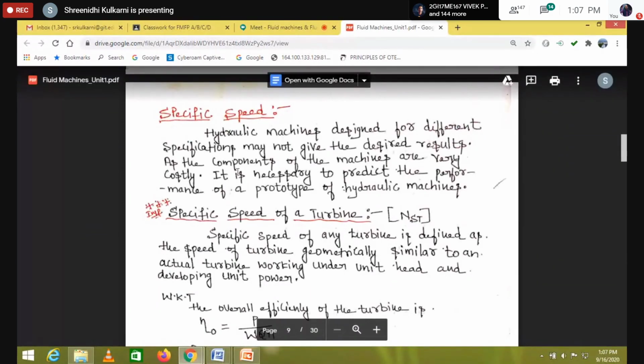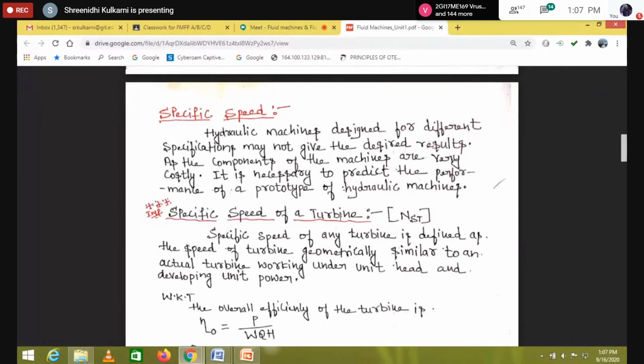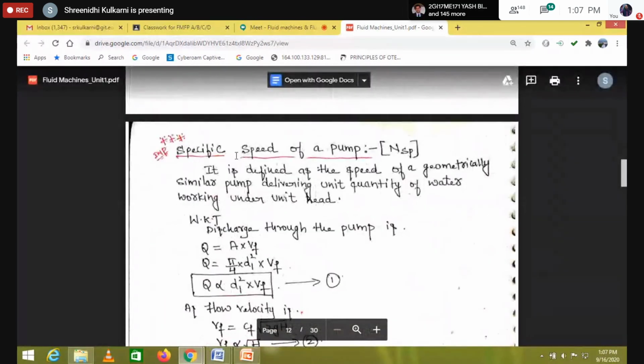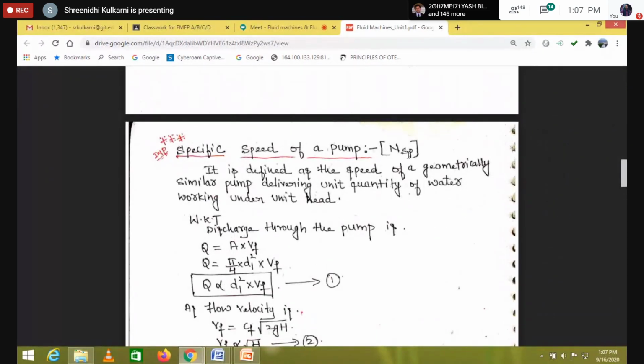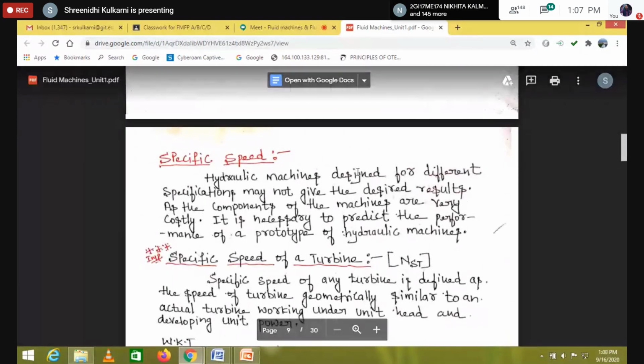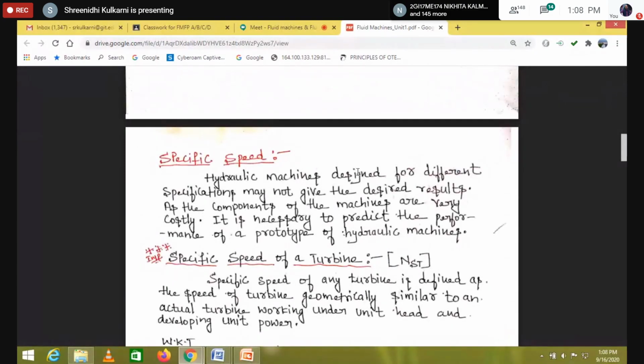Instead of calling it like that, we can call it the specific speed of a turbine, and the other the specific speed of a pump. N_ST and N_SP. So here we have two derivations: the specific speed of a turbine N_ST, and the specific speed of a pump N_SP. These derivations we can solve by two methods.